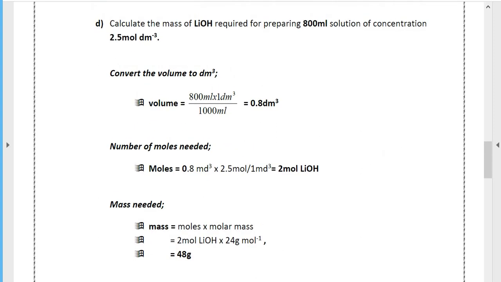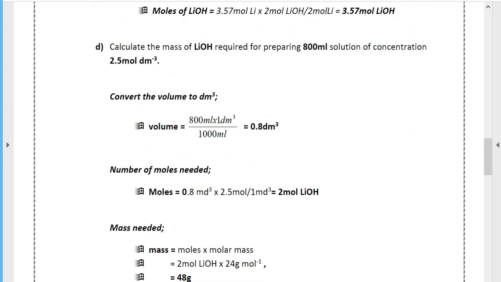So what are you going to do? You're going to go back now and observe that you're saying 800 milliliter solution. So what we did first was we changed the 800 milliliters to cubic decimeters, because all of our calculations are in cubic decimeters.